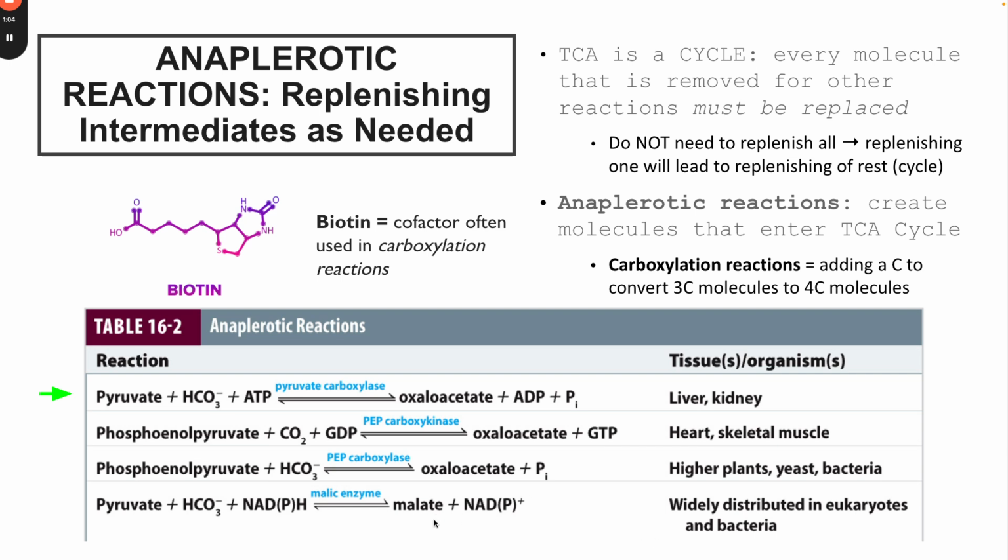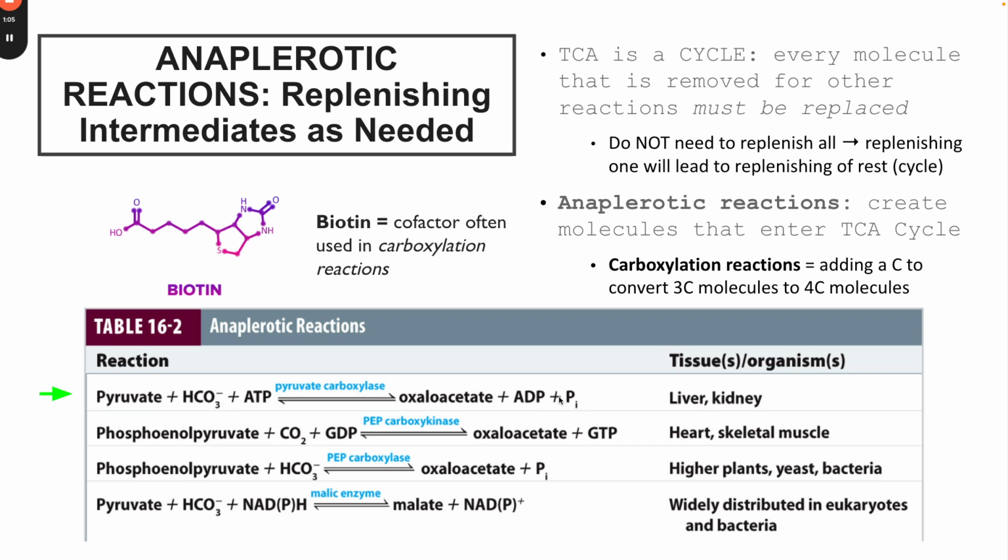I think the most common one would be this top one here, where we have our pyruvate undergoing a reaction with pyruvate carboxylase, and that's going to form oxaloacetate. You're going to notice that a lot of these anaplerotic reactions end up forming oxaloacetate as an end product, and that's because normally in the cell we have very low concentrations of oxaloacetate, and so if we need it for any reason to generate a lot of ATP, this is when those anaplerotic reactions would occur.